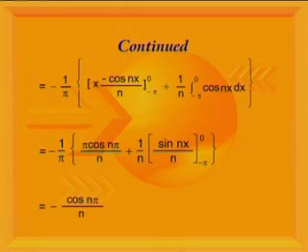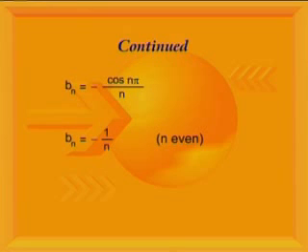So bn is equal to minus cosine n pi divided by n, and when n is even bn is equal to minus 1 over n, and when n is odd bn is equal to 1 over n.